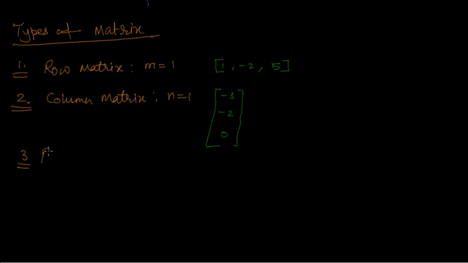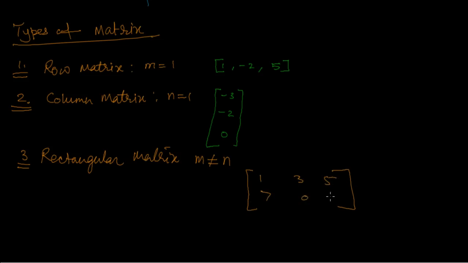Number three, rectangular matrix. In a rectangular matrix, M is not equal to N. The number of rows is not equal to the number of columns. Just like 1 3 5 7 0 2.